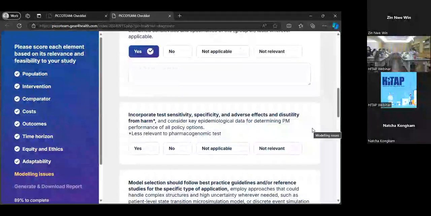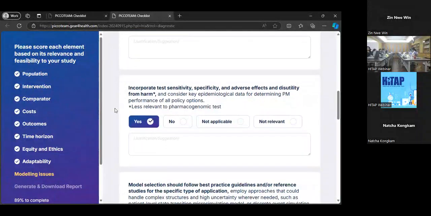So an important recommendation from the modeling part is to make sure to incorporate test accuracy, in terms of false negatives and false positives, into the clinical pathway in the models, and also the effects and disutility from harm from testing if possible, as well as decision uncertainty following the test results, which should be integrated when you are designing the interventional pathway.